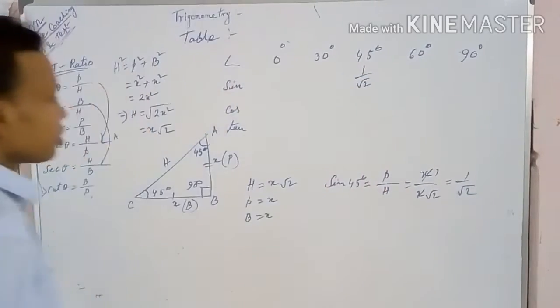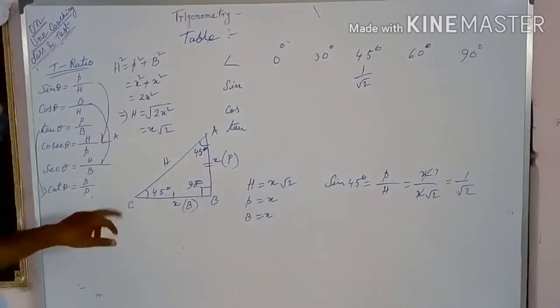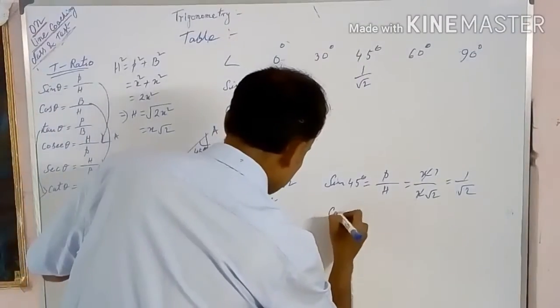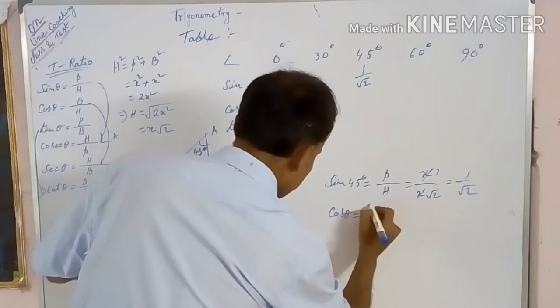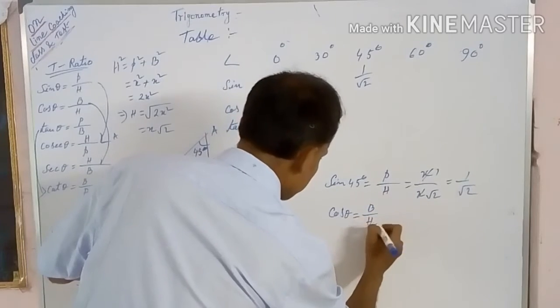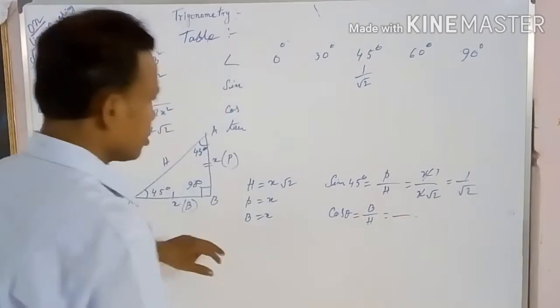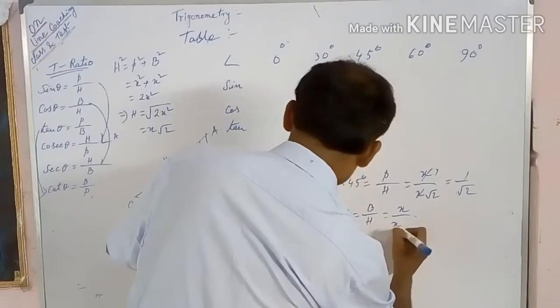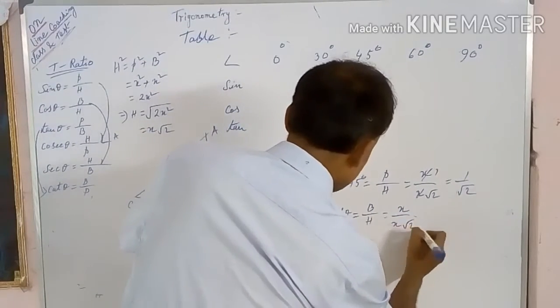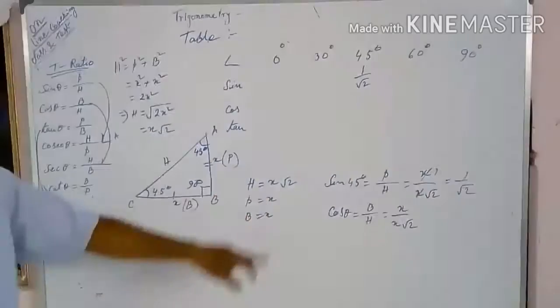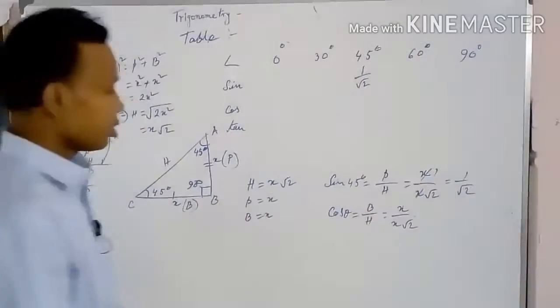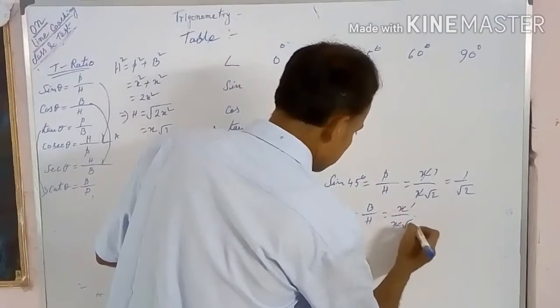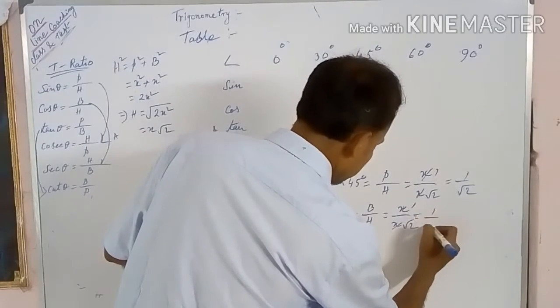Similarly, cos theta is equal to base by hypotenuse. Base is equal to x, hypotenuse is equal to x root 2. X cancels out, and it is equal to 1 by root 2.